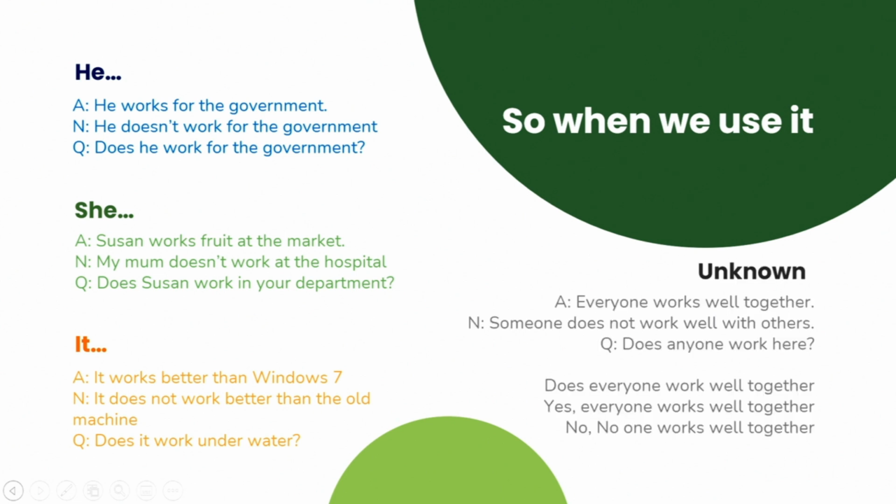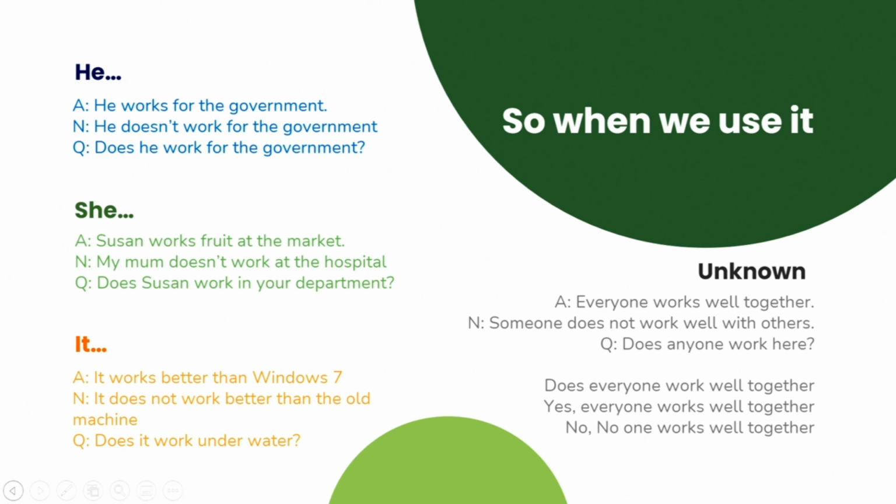And when it's unknown, the extra words I mentioned, everyone works well together. So everyone, you notice we put the S on the works. Someone does not work well with others. Does anyone work here? You notice the answer as well. Does everyone work well together?